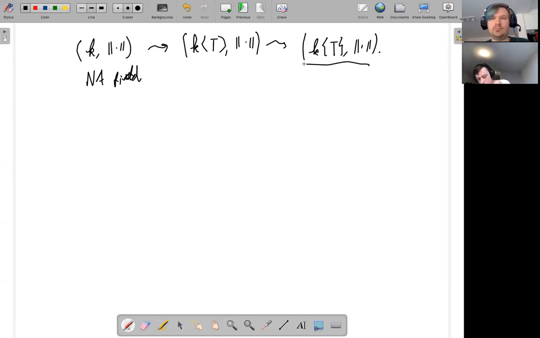This is supposed to be like a polynomial ring. Well, not quite, but anyway, it's a ring.